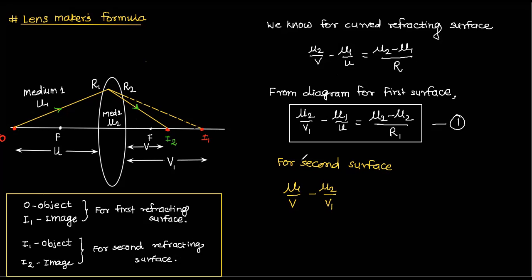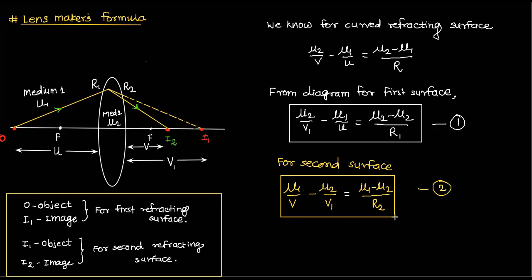That's why at the place of mu2 I have replaced mu1, and image distance is what here, v. So that's why v minus, this is medium 1 now for this, so that's why mu2 by v1, and this is equal to what we are getting, mu1 minus mu2 divided by r2. So let's call this as equation number 2. Understood? Okay.